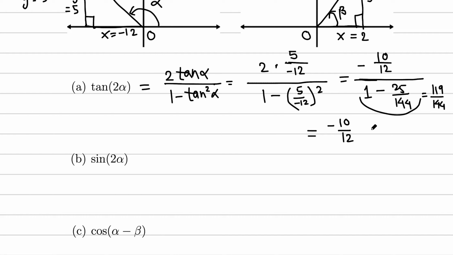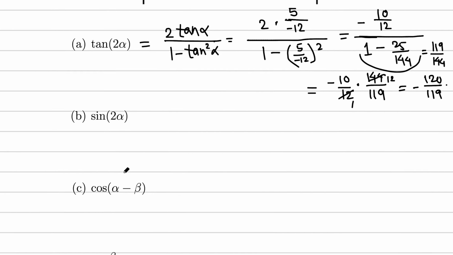So keep, change, flip: 144 over 119, and we know 144 is 12 times 12. So 12 goes into 12 once, and 12 goes into 144 12 times. So the answer is negative, 119 can't cancel, 10 times 12, 120, negative in the front, over 119. Final answer for this.